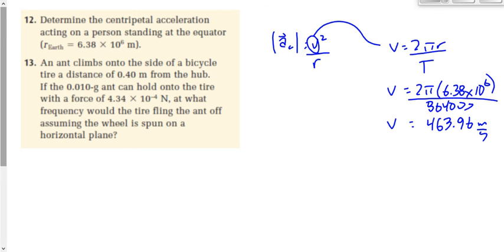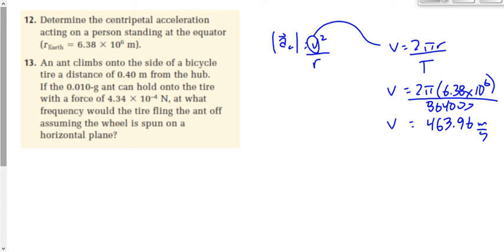So what we're saying is if you're standing on the equator, you are at any given moment traveling 464 meters per second. That means you're moving at almost 5 football fields per second. That means you're going almost 1.5 times the speed of sound at any given moment. Mach 1.5 at any given moment.